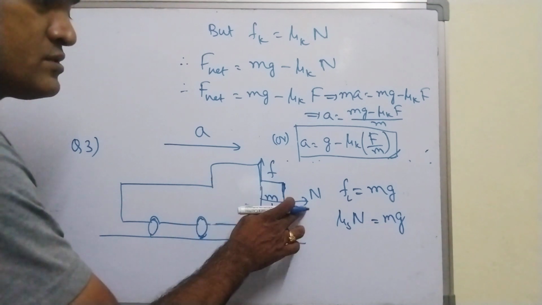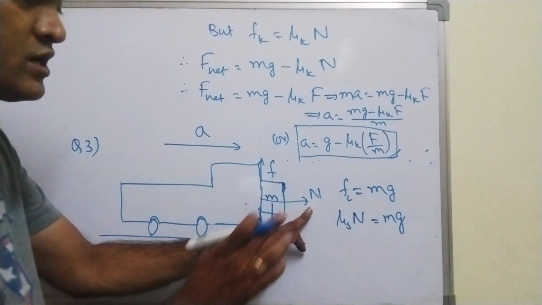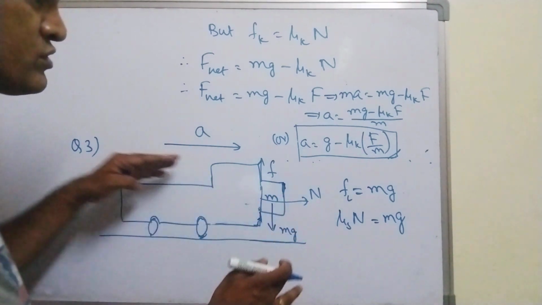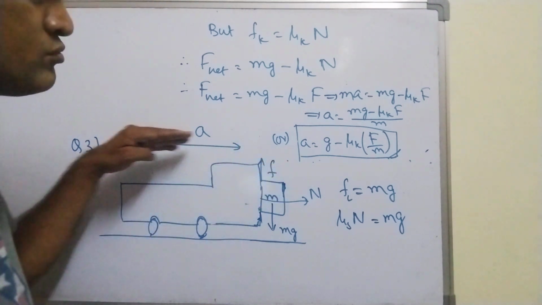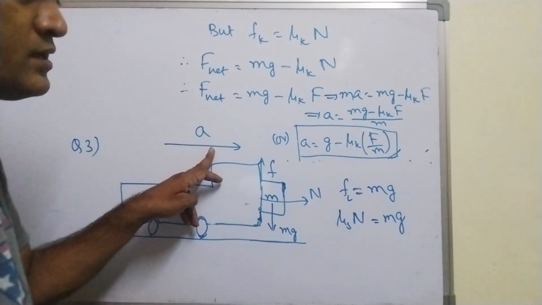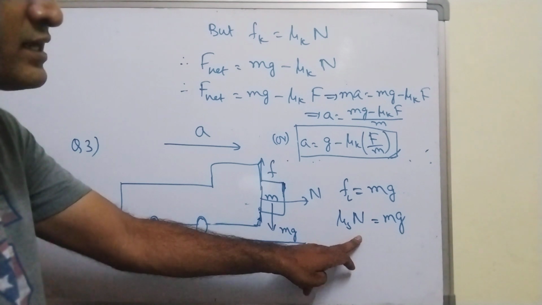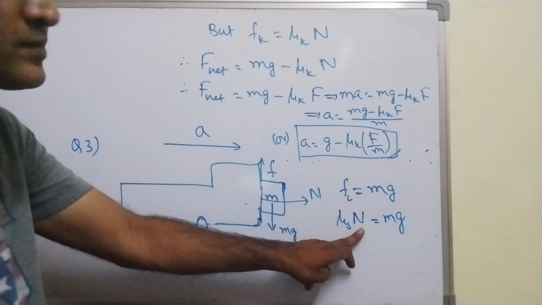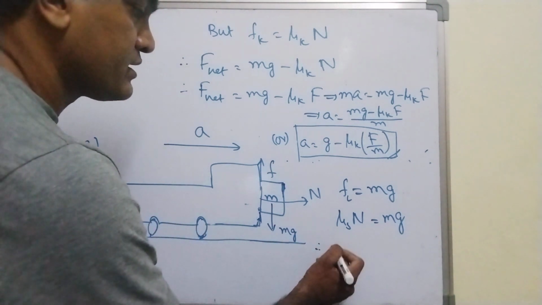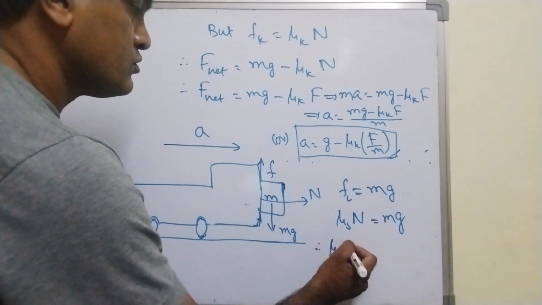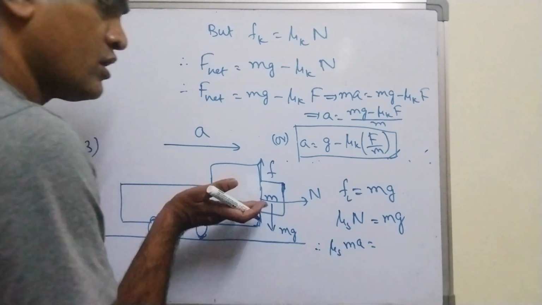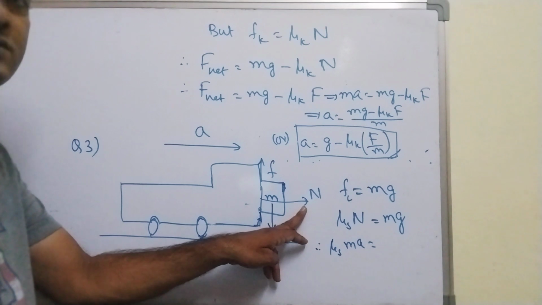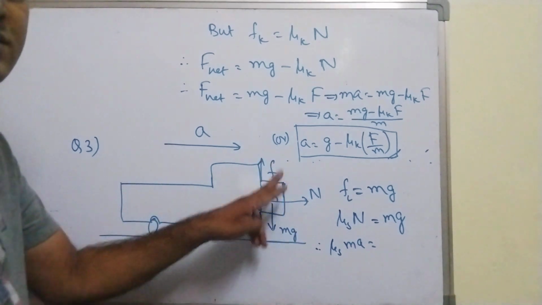The normal force is the only force which is making the lorry move with acceleration a. So in place of N, what can I write? I can write N as ma. Therefore I can write mu s into ma, because the horizontal force is only one force. Vertically it is balanced.